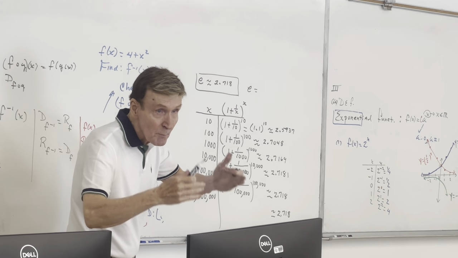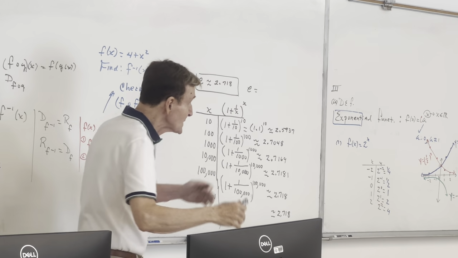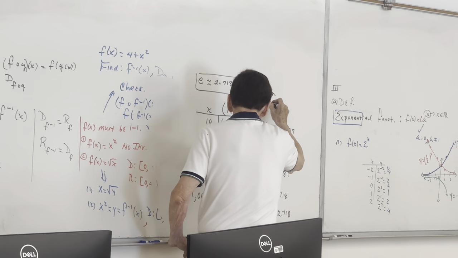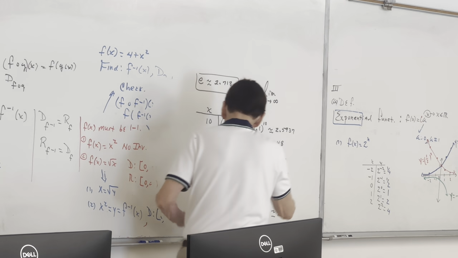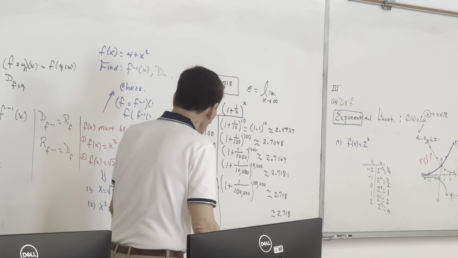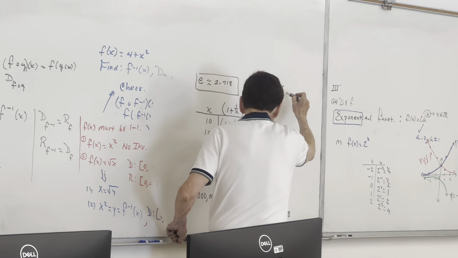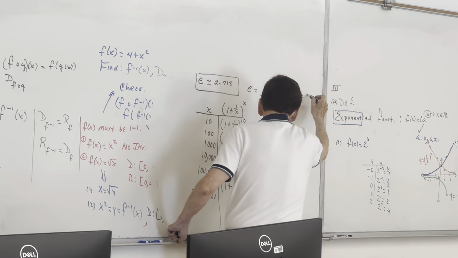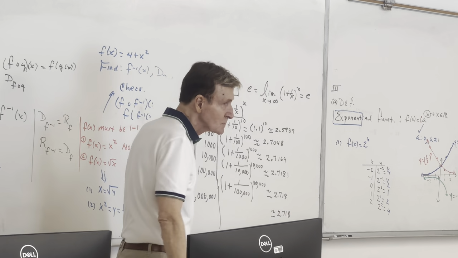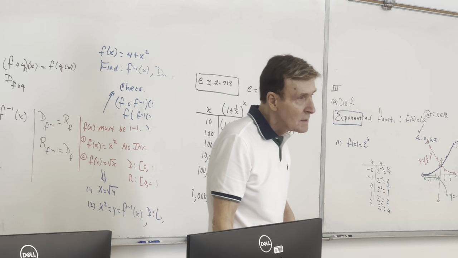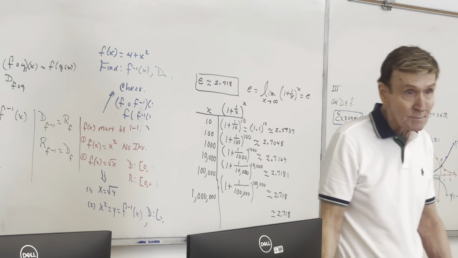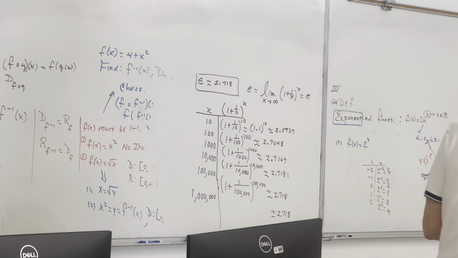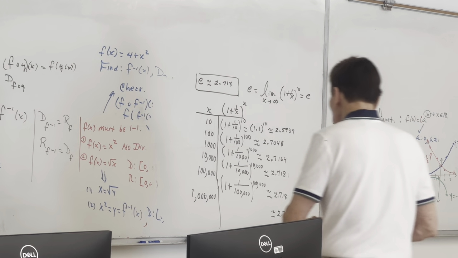So a representation would be, we're trying to find a limit as x is approaching infinity of this strange function, and we're going to call all that e. That's where e came from. That's roughly 2.718.